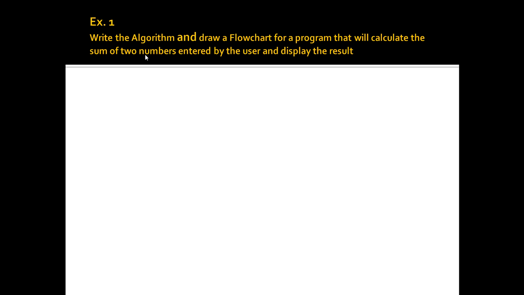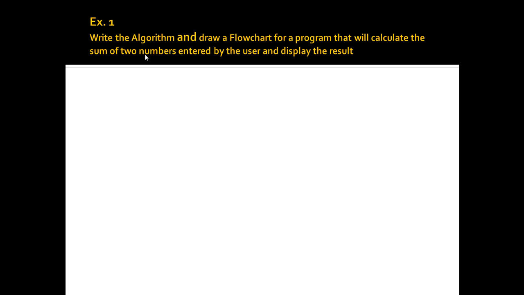Any 2 numbers will be entered by the user and it will display the result. Again, we have a program that will ask the user to input any 2 numbers and the program will calculate the total of them.